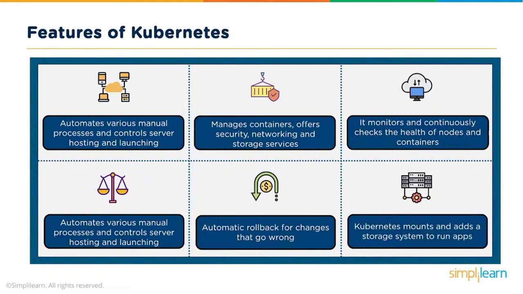And then finally, Kubernetes will allow you to mount and add the storage needed to run your apps. So whether you have storage such as a local SSD storage device physically on the hardware, or if you're connecting to storage via the cloud, Kubernetes will allow you to access the storage you need, however you're accessing it.